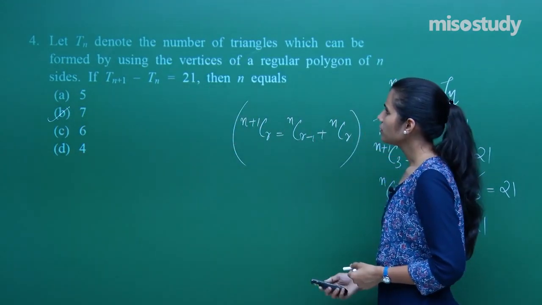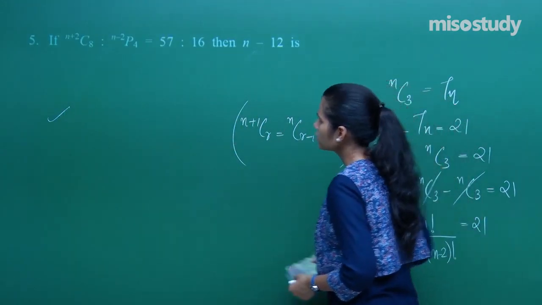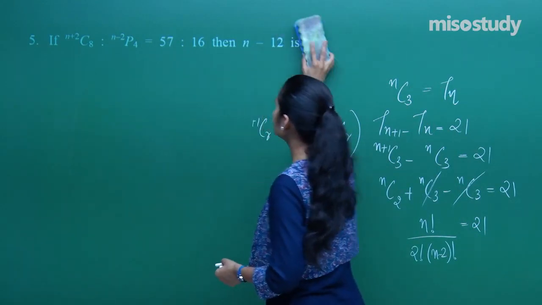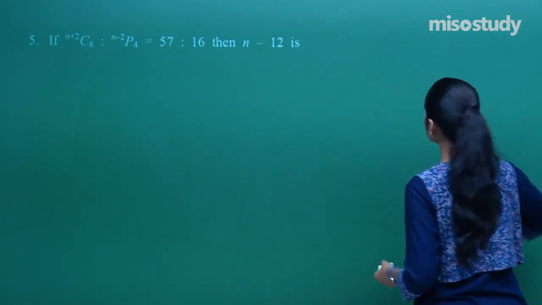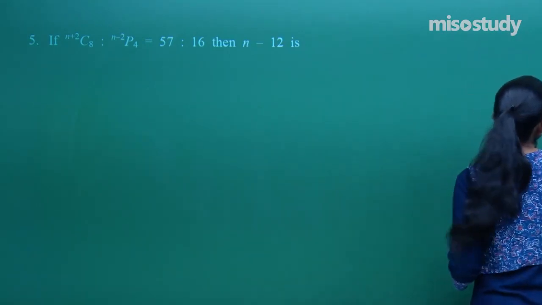Moving to the next question, we have, if n plus 2 C8 is to n minus 2 P4 is 57 is to 16, then n minus 12 is what?